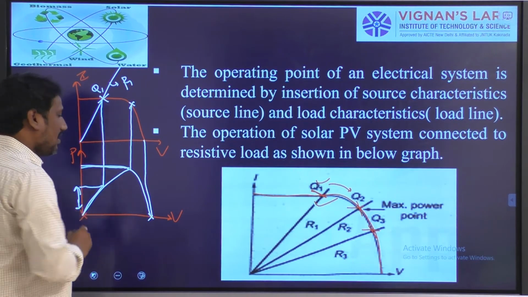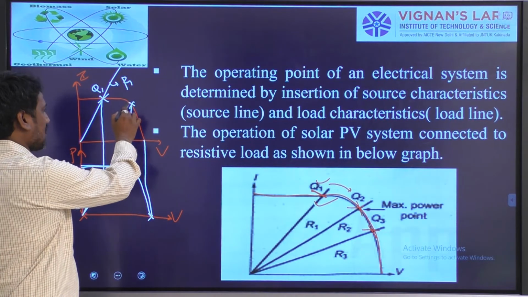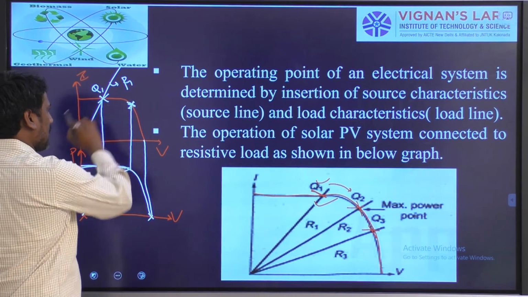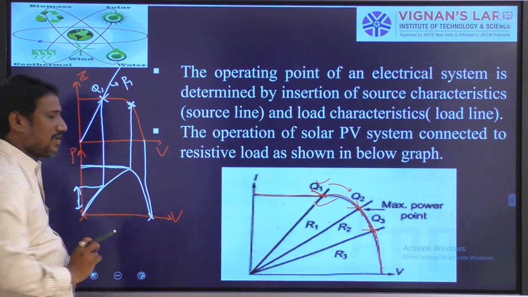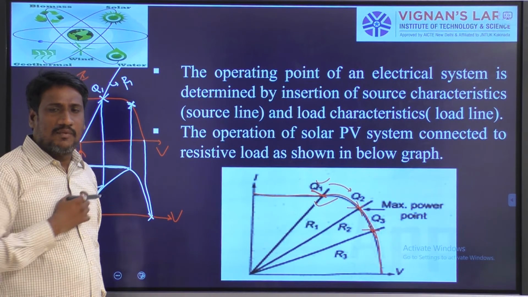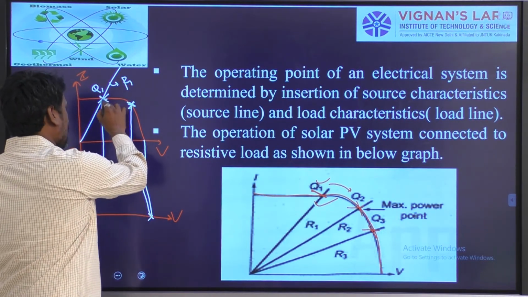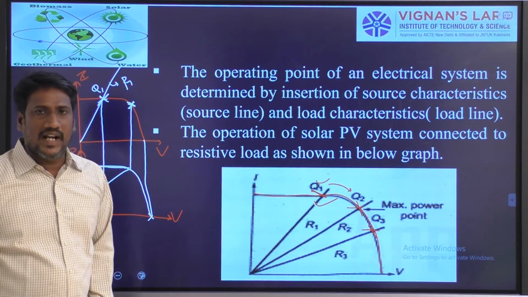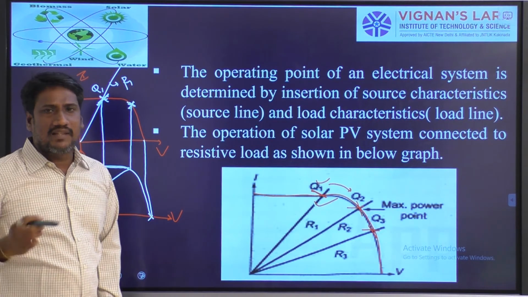The operating point is deviated from the maximum power point, so the load can utilize only a small amount of power. Even though we are generating maximum power, the load cannot utilize it, because it is operating at Q1, not at the maximum power point.